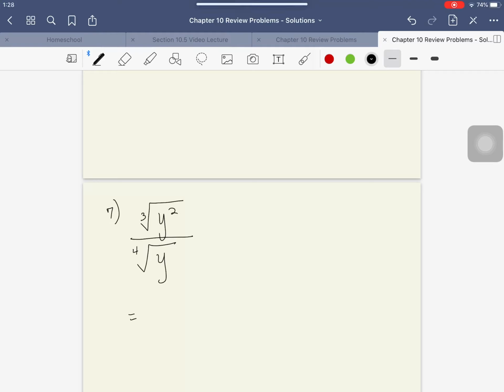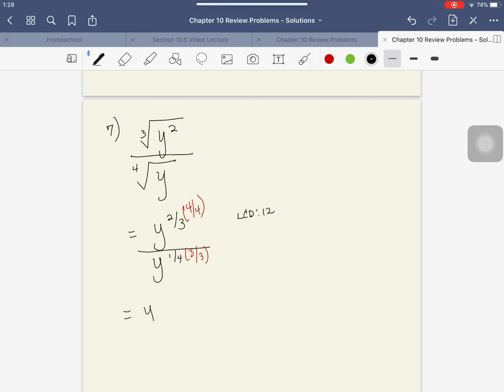So this will be the same as y to the 2/3 over y to the 1/4. I want to give them the same base. The LCD is 12. So I'm going to multiply this fraction by 4 over 4 and this one by 3 over 3.